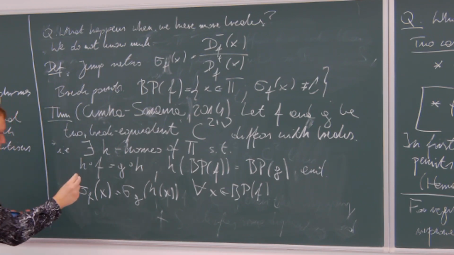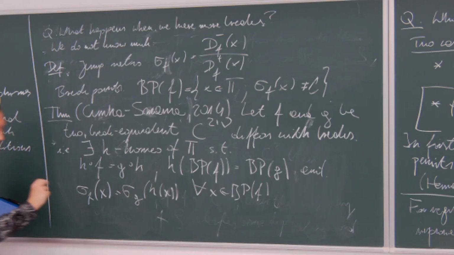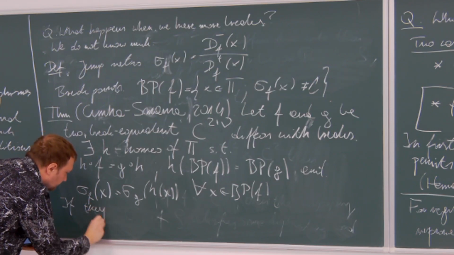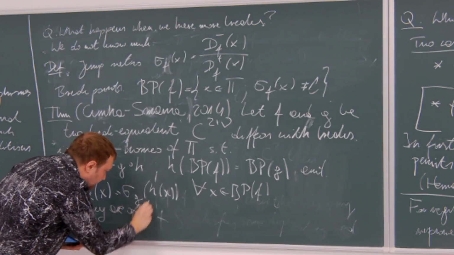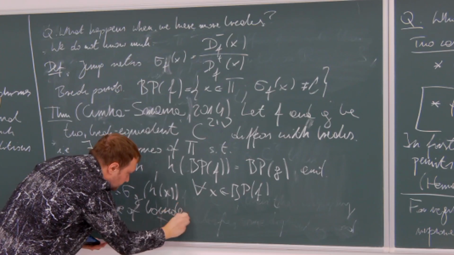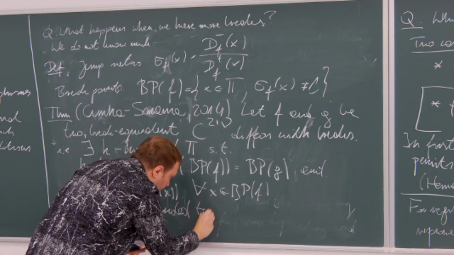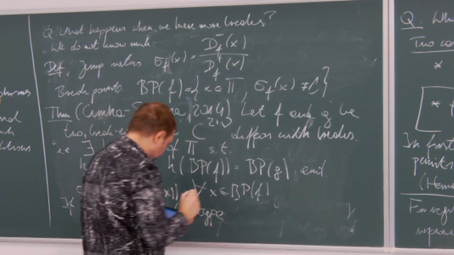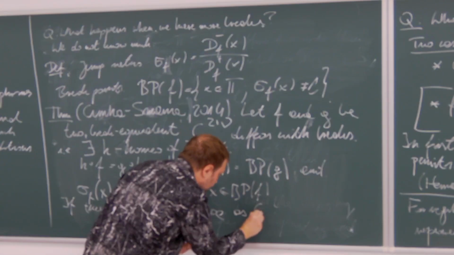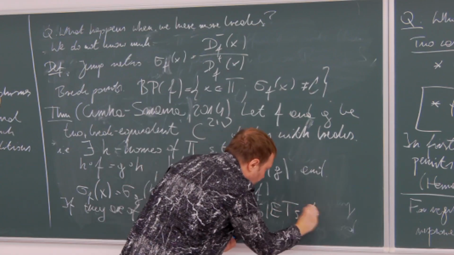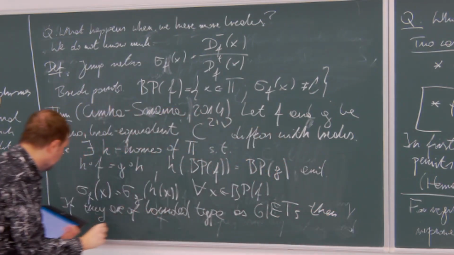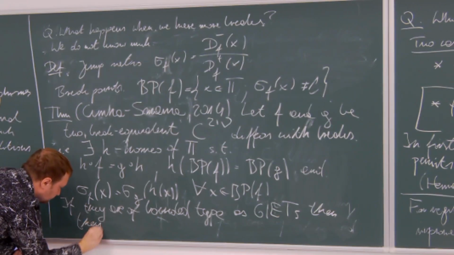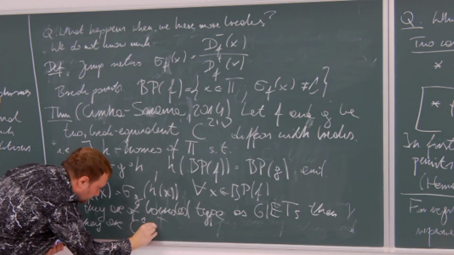And now I'm going to use a new type of notion. So if, and I will use for the first time GIETs, so if they are of bounded type as GIETs, then they are C1 conjugate.